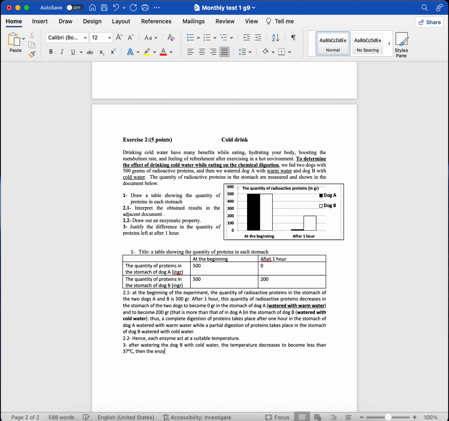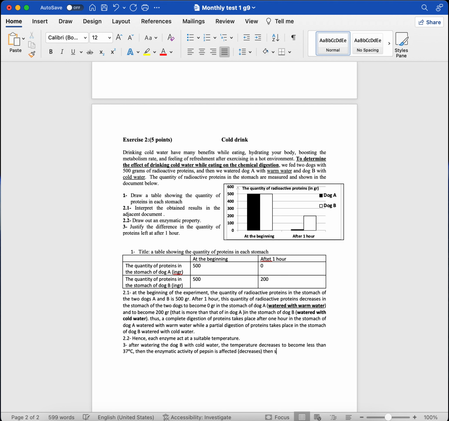Then the enzymatic activity of pepsin is affected, it decreases the enzymatic activity.